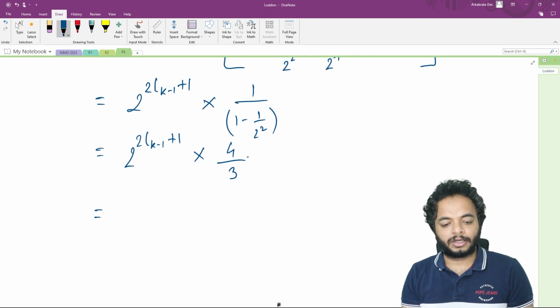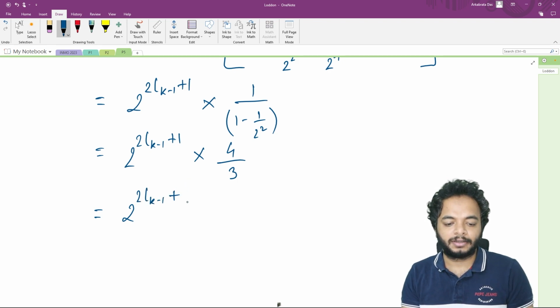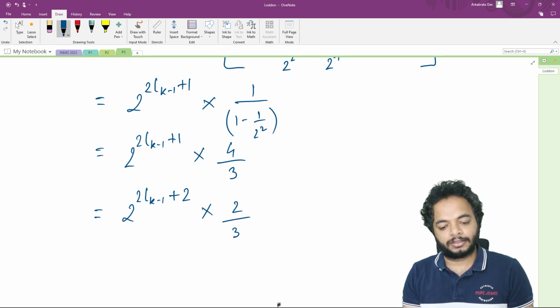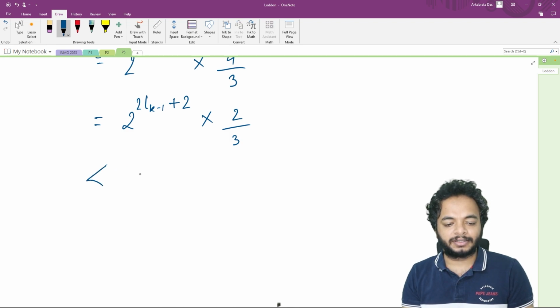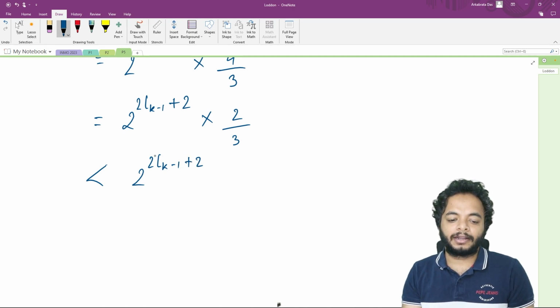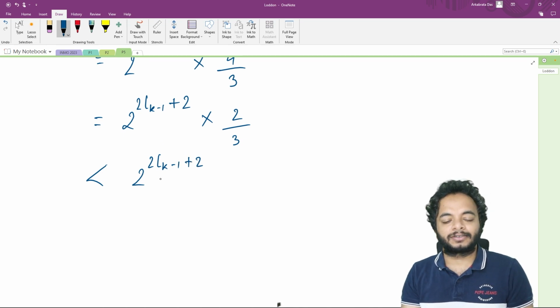So taking one of the two inside, 2 to the power 2L_k minus 1, plus 2, times 2 by 3. Now 2 by 3 is less than 1, so this is less than 2 to the power 2L_k minus 1, plus 2.